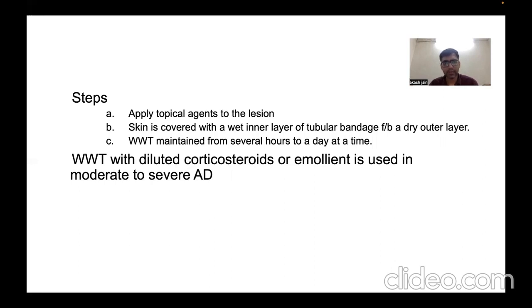This wet wrap therapy is maintained from several hours to a day at a time. So after applying the topical cream, it is covered with a wet inner layer and dry outer layer. Wet wrap therapy with diluted corticosteroids or emollients is used in moderate to severe atopic dermatitis.